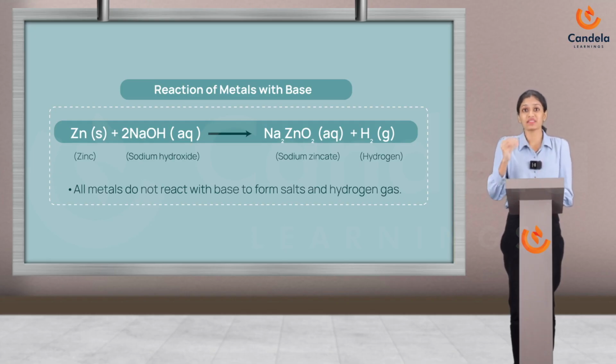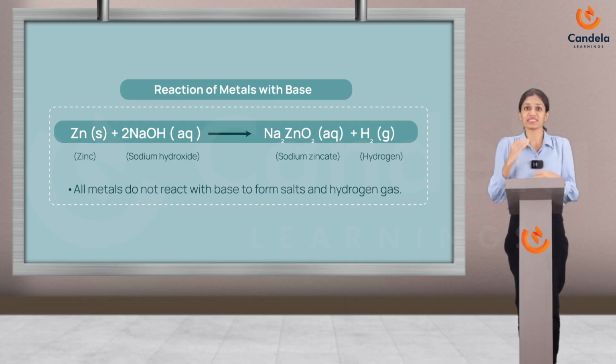When a base reacts with a metal, we will be getting a salt and hydrogen gas. For example, when sodium hydroxide reacts with a metal, we will be getting sodium zincate and hydrogen gas. However, this reaction of a base with a metal is not possible with all bases or all metals. This is the second property of acids and bases.